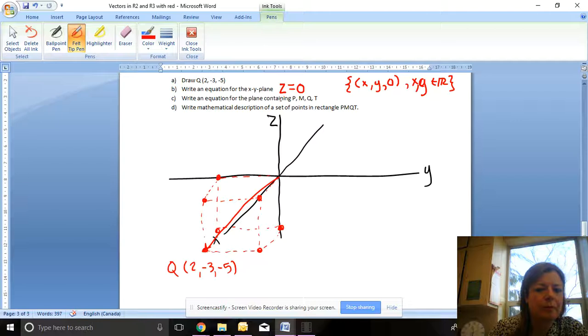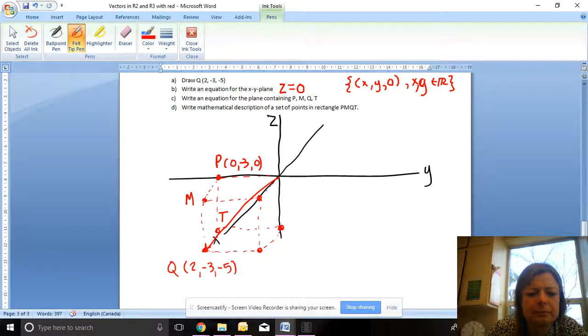So now first we need to know what P is. So this is point P here, okay? This is M. Here's our Q, and then T is back here. So they want us to write an equation for this plane here. So notice that this point P has gone over, this is the point (0, -3, 0).